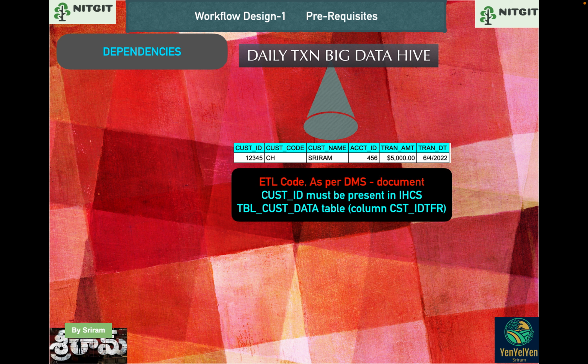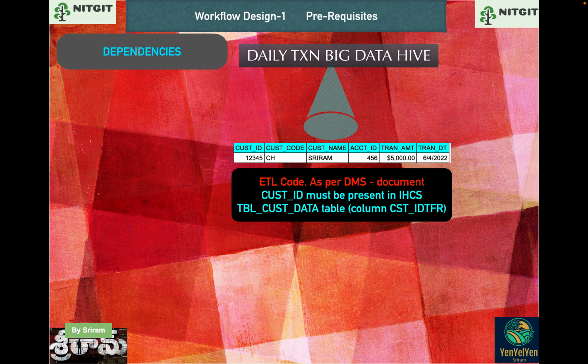ETL code usually comes from the data mapping specification document, which clearly says how to load this data. For example, the customer ID must be present in IHCS before it loads into the customer data table, column customer identifier. These column names may not be the same.